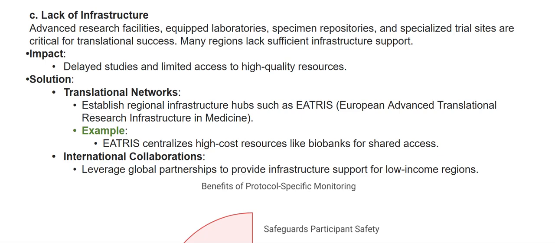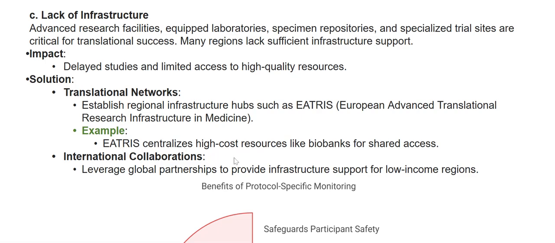Solution: translation networks, as we mentioned before. The solution is to establish regional infrastructure hubs such as EATRIS, as we mentioned in the previous video on the topic of translational research. European Advanced Translational Research Infrastructure in Medicine, EATRIS, is one of the solutions to address the lack of infrastructure.